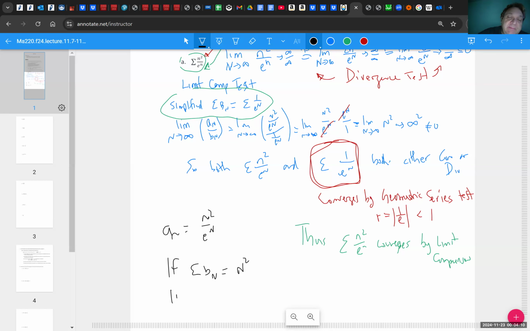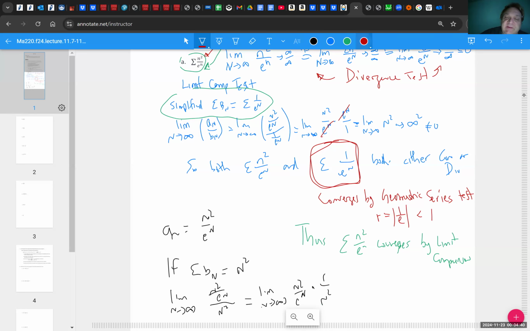Then you do the limit as n goes to infinity of an over bn, which is n squared over e to the n, over n squared. We're still doing the same limit comparison test, but with our new bn. We do our simplification: n squared over e to the n, times 1 over n squared.